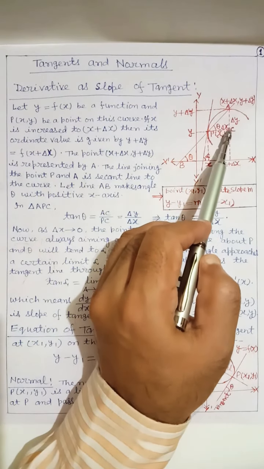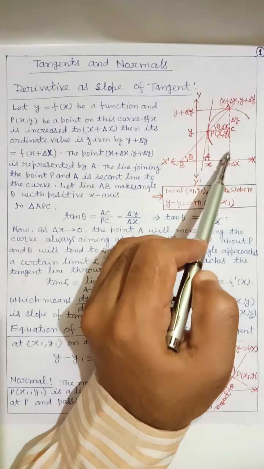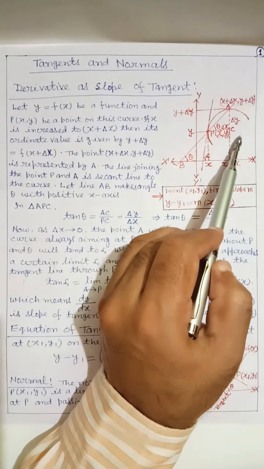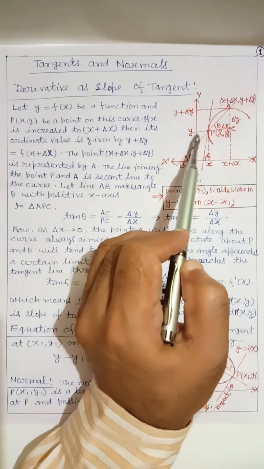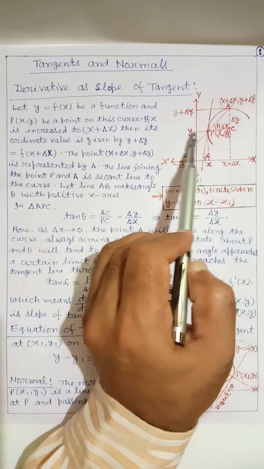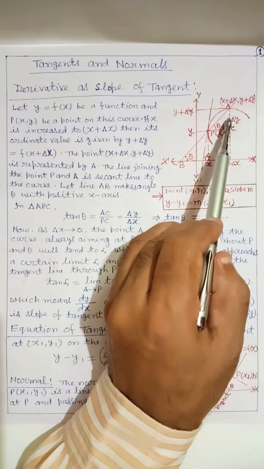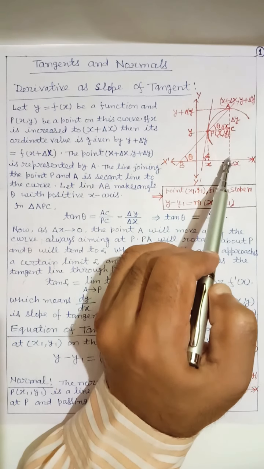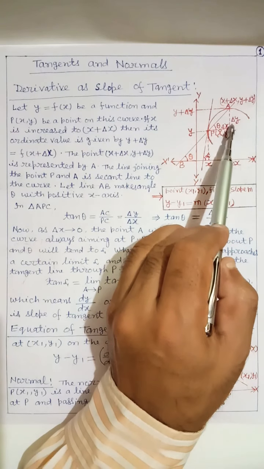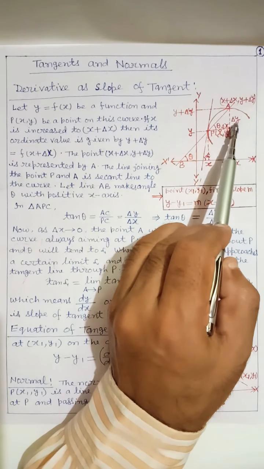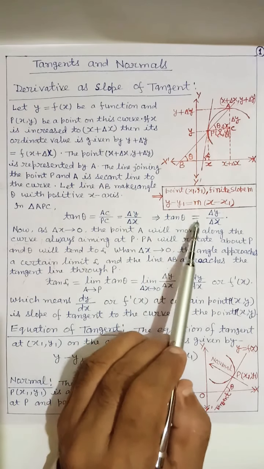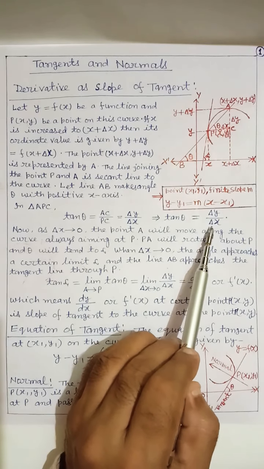Here this value is delta y because this value is y plus delta y and the other is y, so y plus delta y minus y gives delta y. Similarly, x plus delta x minus x gives delta x. So tan theta equals delta y by delta x.